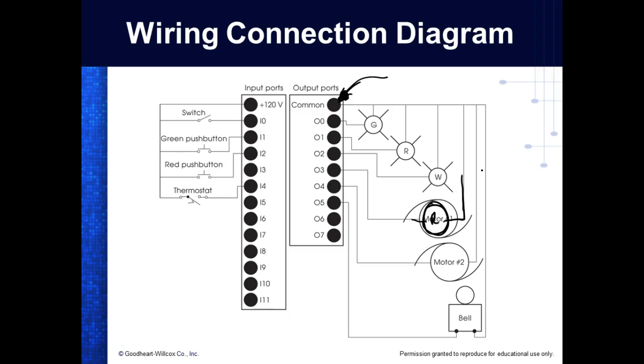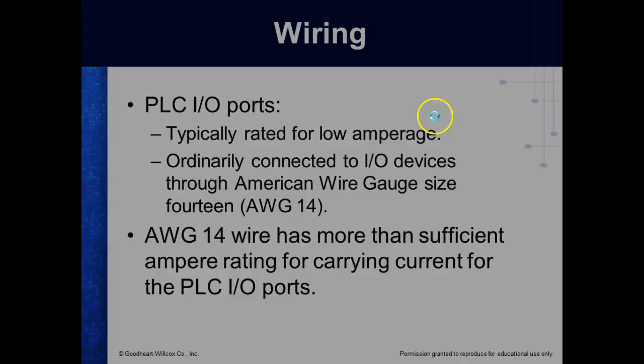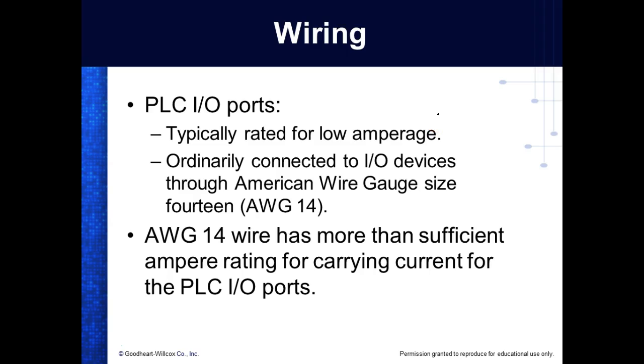We might could run a bell. So the ports are typically rated at low amps, right? As I said, typically around 2 amps, but you need to look up the data sheet on the module that tells you what it runs.